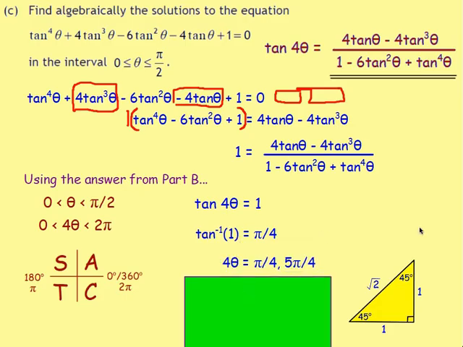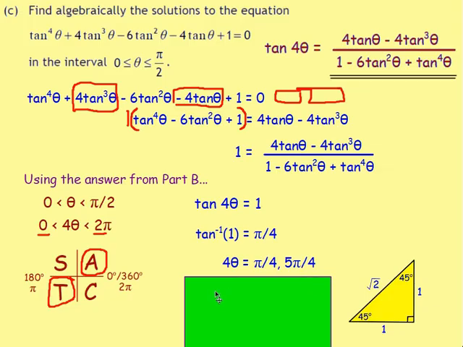So 4 theta is going to equal, and because we just want our answers between 0 and 2 pi, that's really one cycle with a CAST. So tan is positive, is equal to 1, and tan is going to be positive here and here. So this here for A, this is your exact value answer, which is going to be pi over 4, or your calculator answer. And for T, it's going to be 180 degrees plus that, or pi plus that. So it'll be pi plus the pi over 4, which is really 4 pi over 4 plus pi over 4, which is 5 pi over 4.